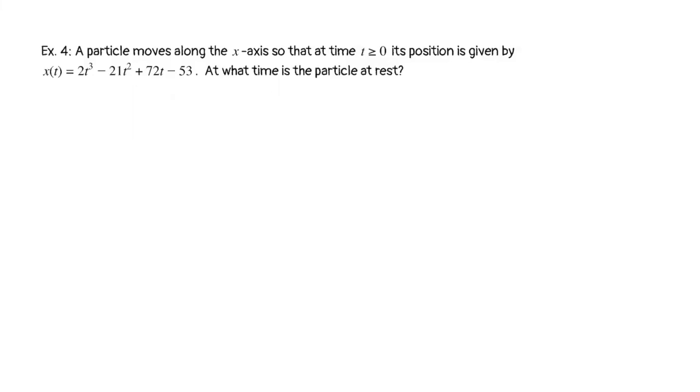A particle moves along the x-axis so that at time t greater than or equal to 0, its position is given by x of t equals 2t cubed minus 21t squared plus 72t minus 53. At what time is the particle at rest?